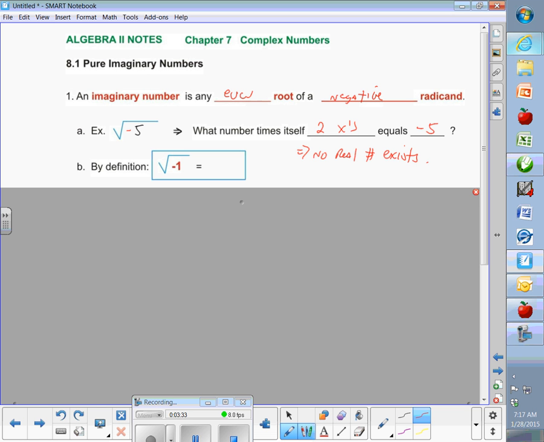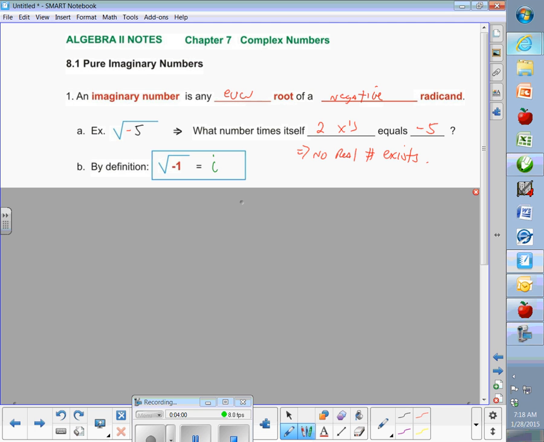By definition, the square root of negative 1 is i, an imaginary number. Always write it as a script i because you don't want to get it confused with ones. So always put the little tail, add the dot, and that will clearly mark it as an i.